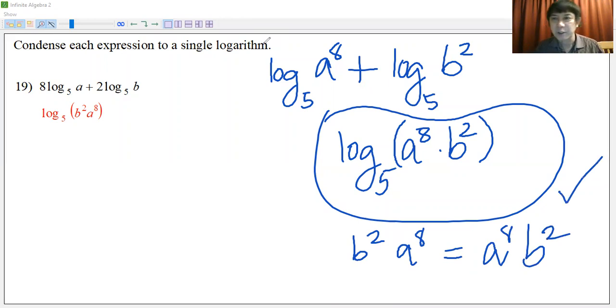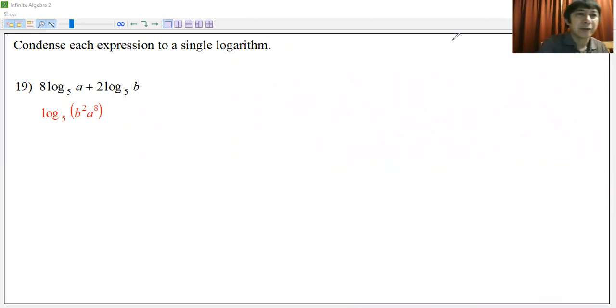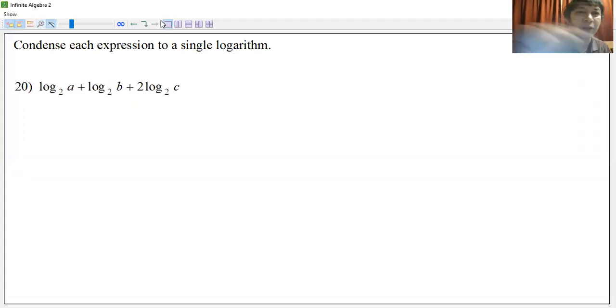And for our last number, number 20, nothing follows. So this is the last number. Let's condense it. Again, these are all addition.